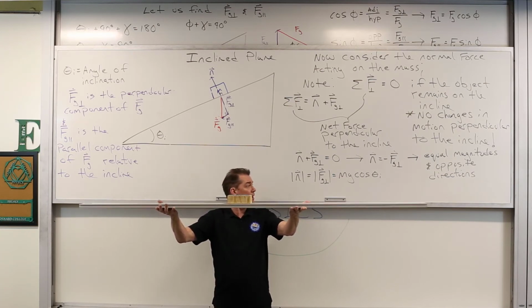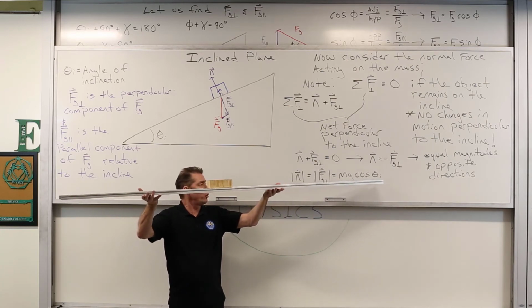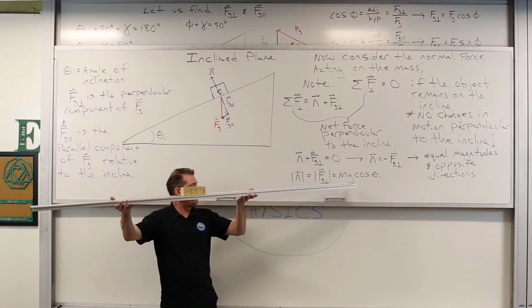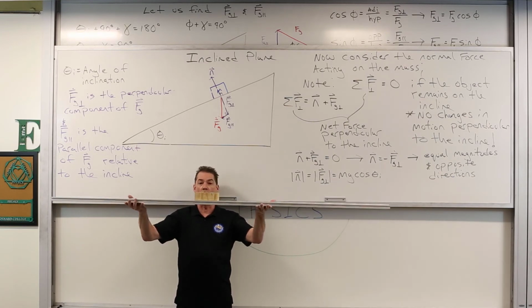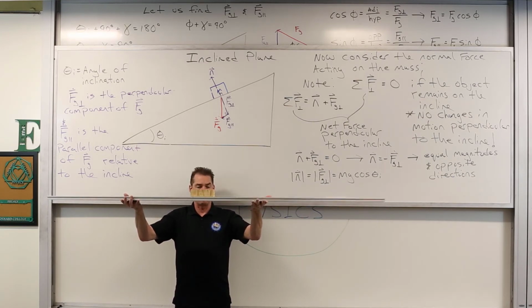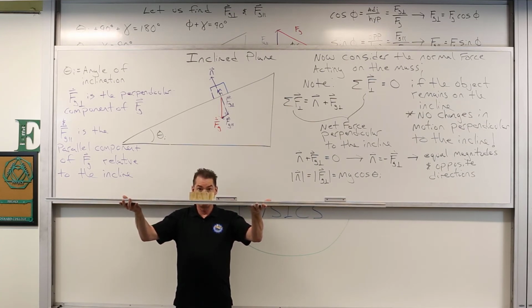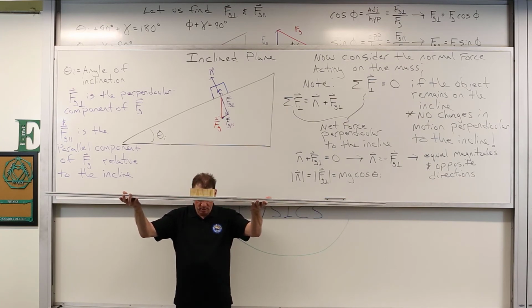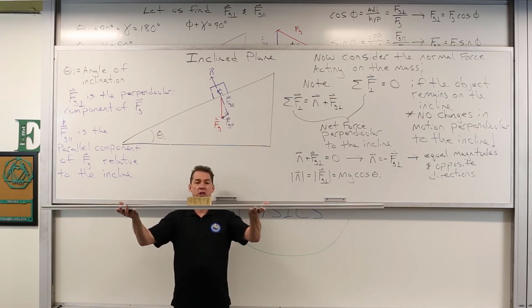And if we were to then compute the magnitude of the normal force acting, it would be mg times the cosine of 0. What is the cosine of 0? That's right, it's just 1. So the normal force acting in this case would be mg. That's it. We already know that. Gravity's pulling it down, and the normal force pushes it back up with the same amount of force, mg.